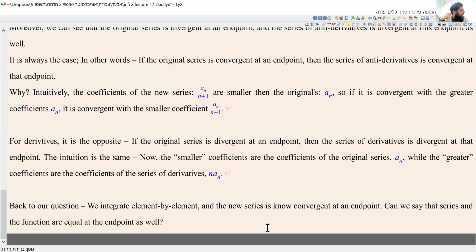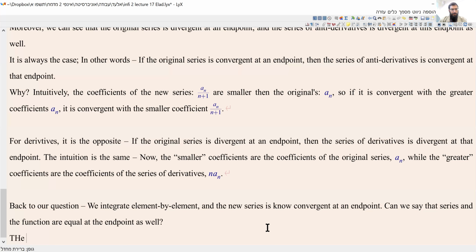But when we perform, for example, integration element by element, and we get a series that is convergent at one of the endpoints, can we say, you know what, there it is uniformly convergent as well, even though it did not originate in our sequence of theorems and corollaries? So the answer is yes. How convenient.